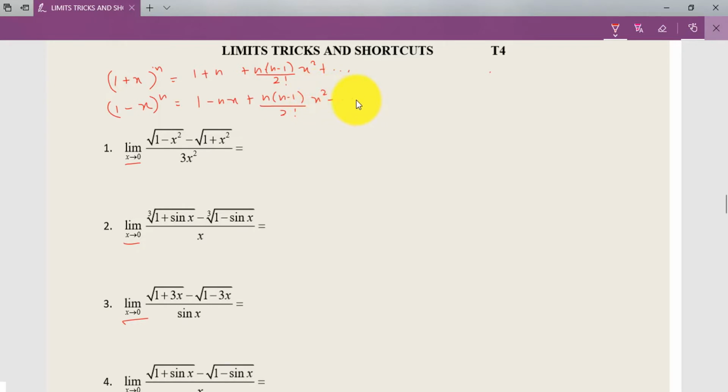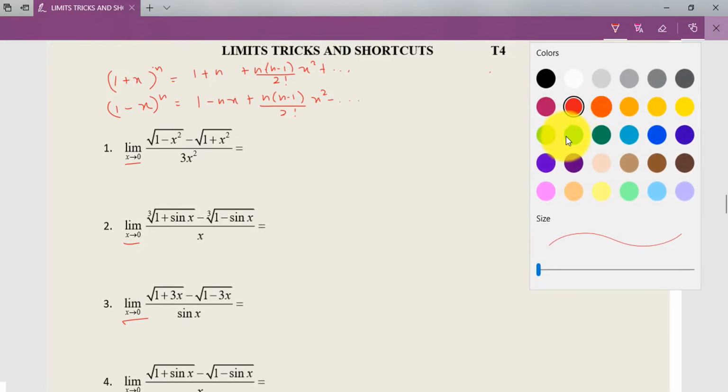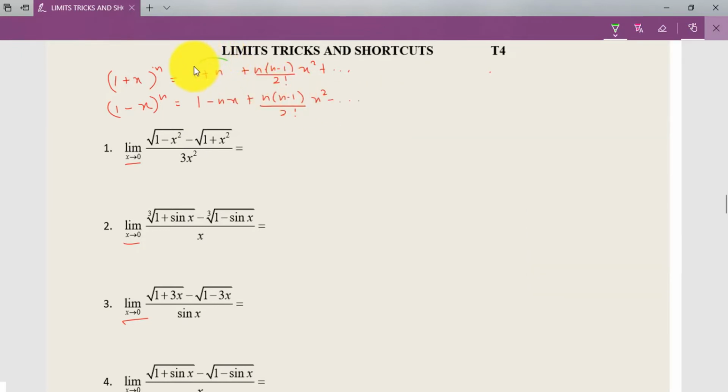What I do is I only collect this particular thing and make it a formula. The formula is 1 plus or minus nx, because I am including both of these.